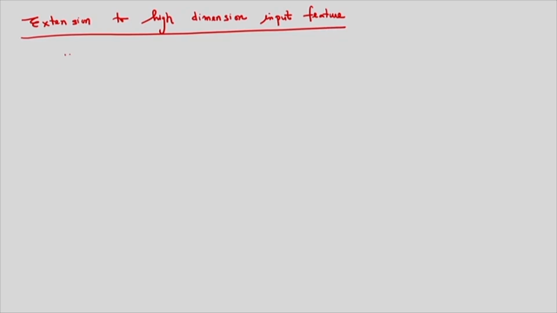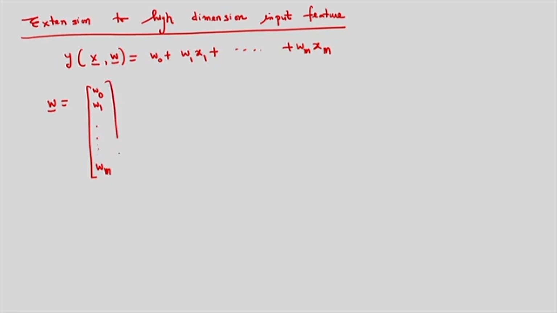So corresponding to this, I can write y(x, w), that is the predicted value, w0 plus w1 x1 plus up to wm. This is nothing but the polynomial fit, that already I have explained. And corresponding to this, the weight vector is w0, w1 up to wm, so size is m plus 1 into 1.